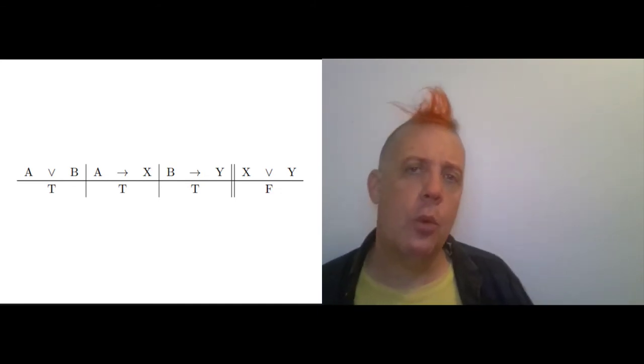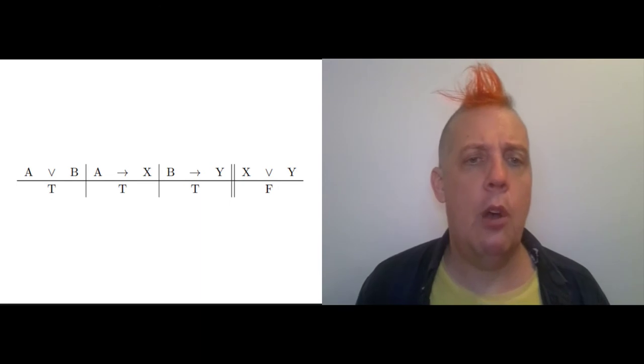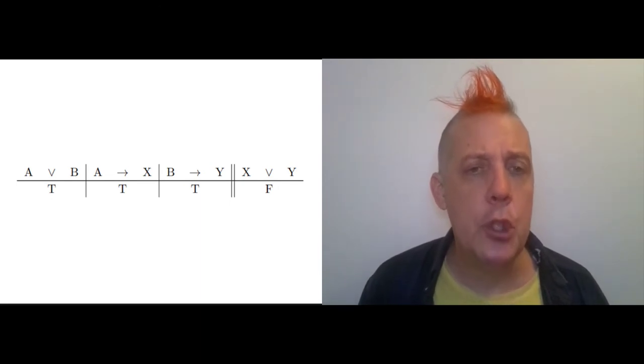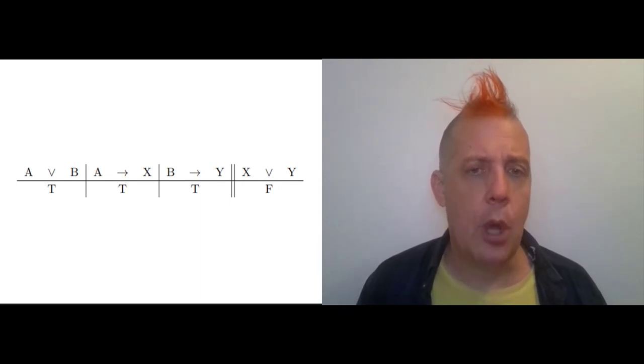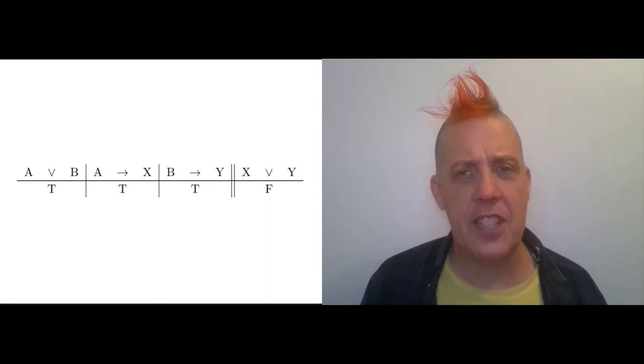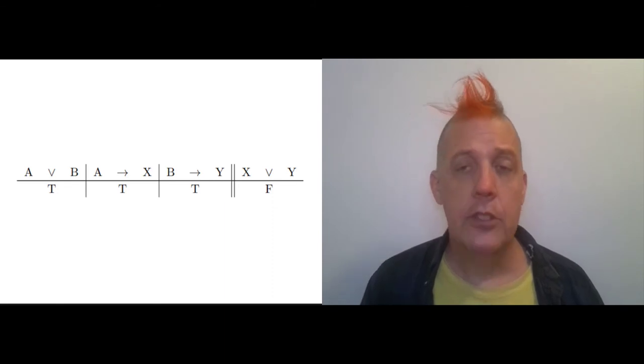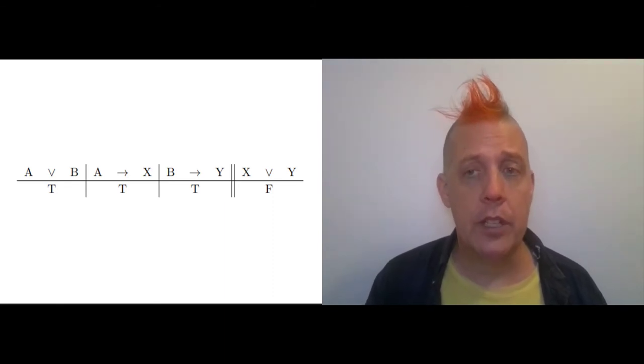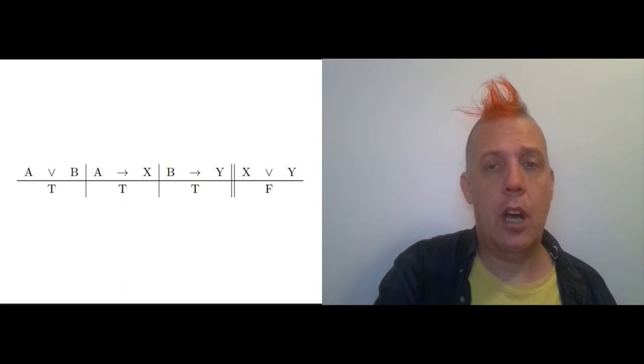But again, based on what I just told you, we should not be able to do this, because in a valid argument, this arrangement of T's and F's is impossible. So let's see what happens if we try to do it.